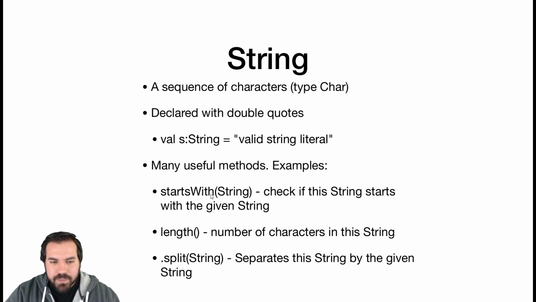Starts with. If you have a string, you can call a dot, like if I say s dot starts with, and then some other string, it's going to check literally if that string starts with those words. So if I say s dot starts with valid, that's going to return true because that string does start with the string valid. So a handy method to see if a string starts with another string.